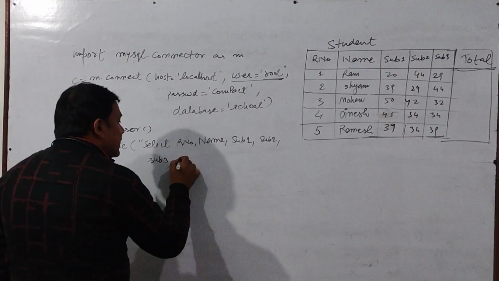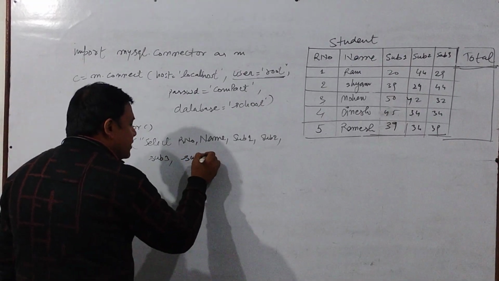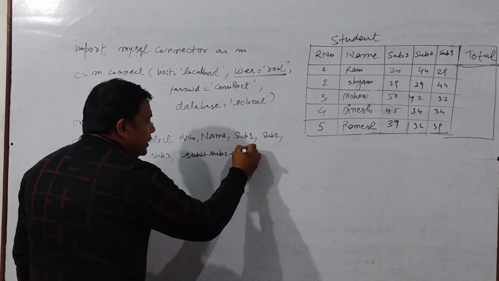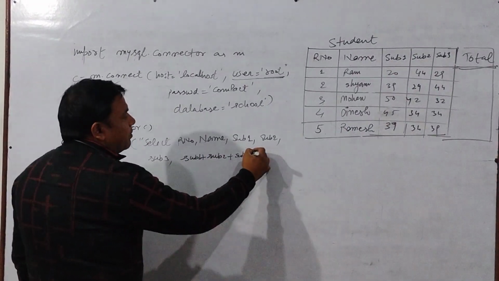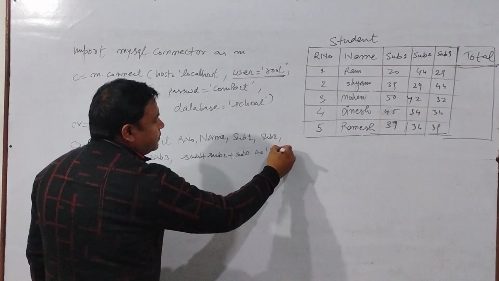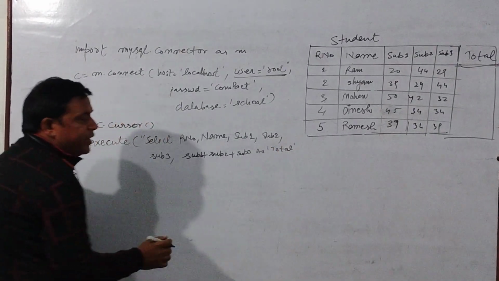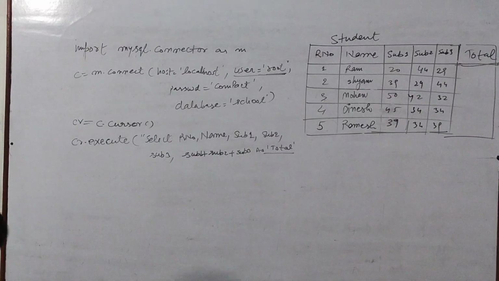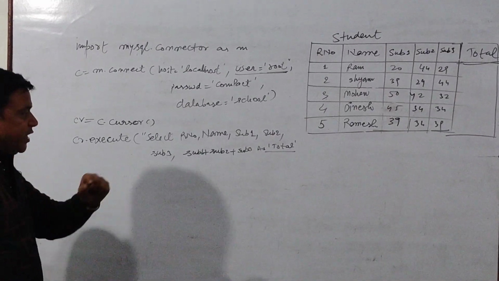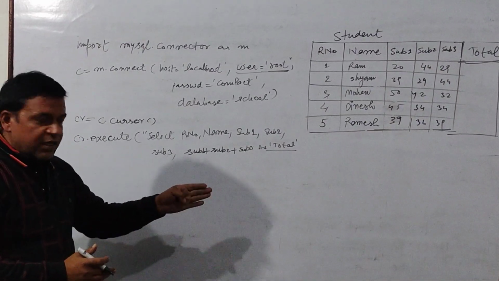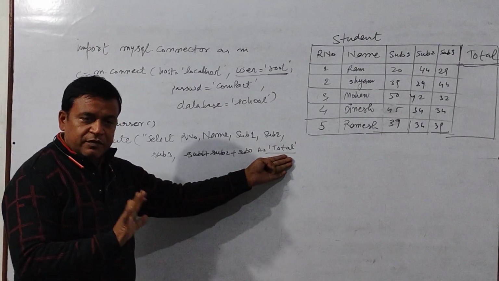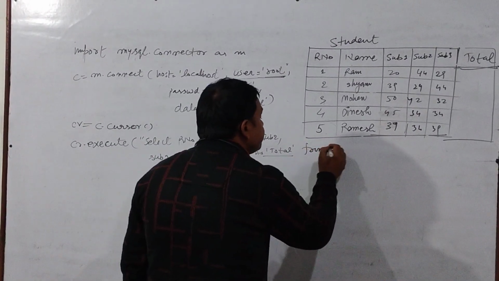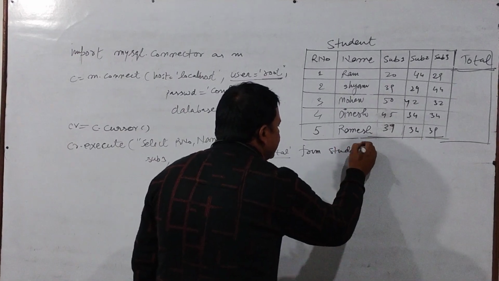So take the expression sub1 plus sub2 plus sub3 as total. Here we can leave out the column heading because the column heading is not printed in the connectivity. You have to print the heading separately. If you skip this, then don't worry about it. From student.